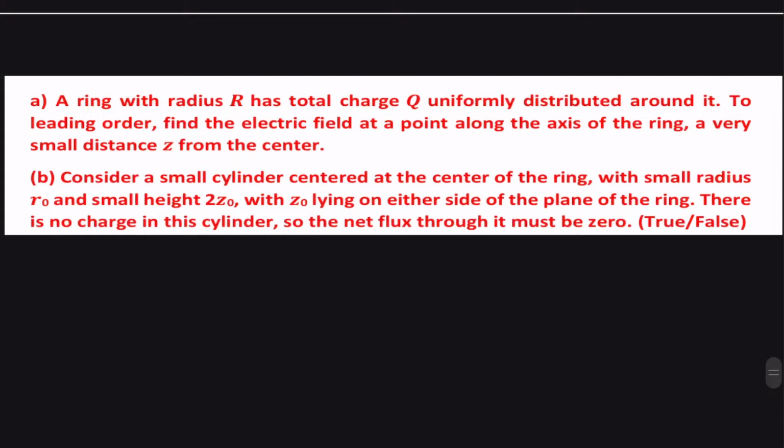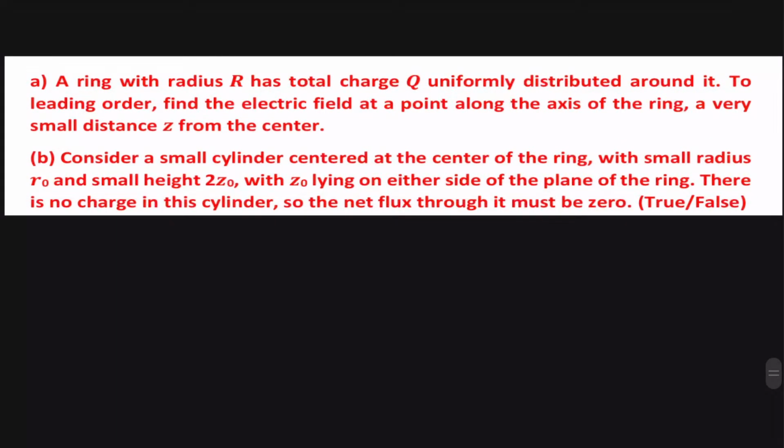Here it states that a ring with radius r has a total charge q uniformly distributed around it. To leading order, find the electric field at a point along the axis of the ring, a very small distance z from the center. The question is a little bit tricky, otherwise the solution we have done many times.